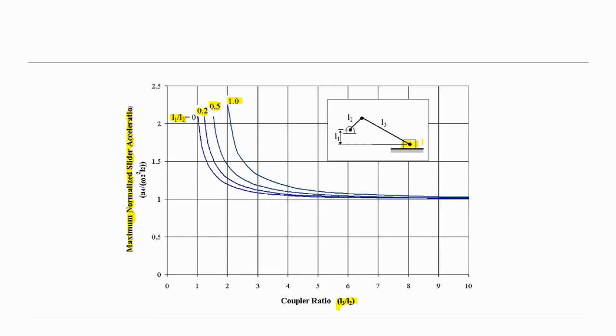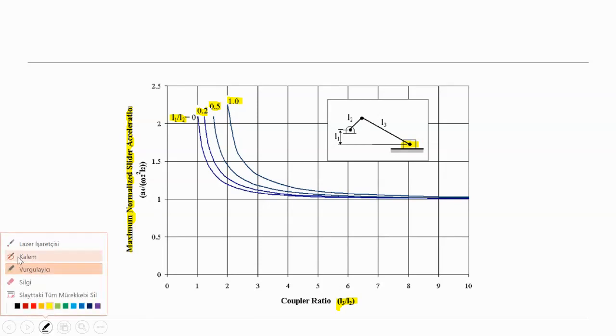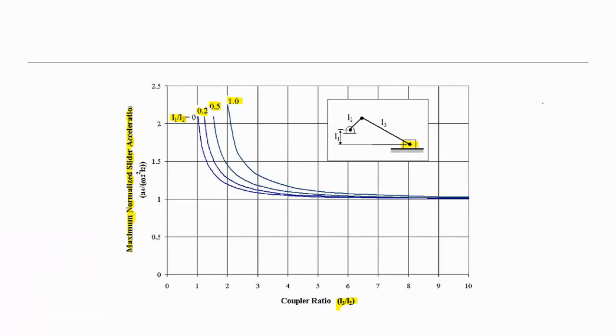Because the slider has a certain mass, high acceleration means a force of inertia. F is equal to ma, from the second law of Newton.